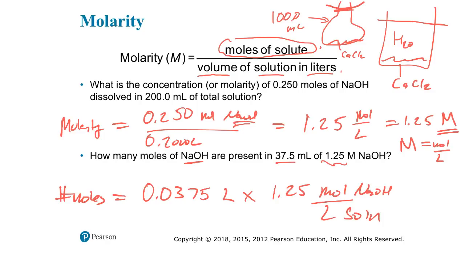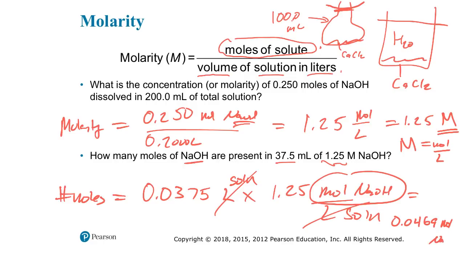So I'm using 37.5 milliliters or 0.0375 liters of the solution. So the volume cancels. I get the moles of sodium hydroxide to work out. And if we do that math, that works out to be equal to 0.0469 moles of sodium hydroxide. So we can use the molarity unit to help us figure out how much quantity in moles of a solute is contained within a certain volume of solution.